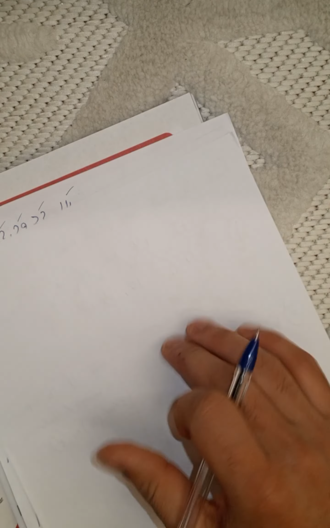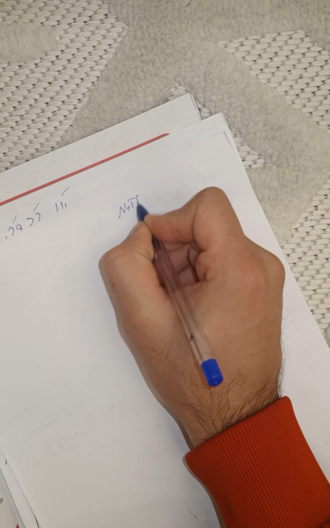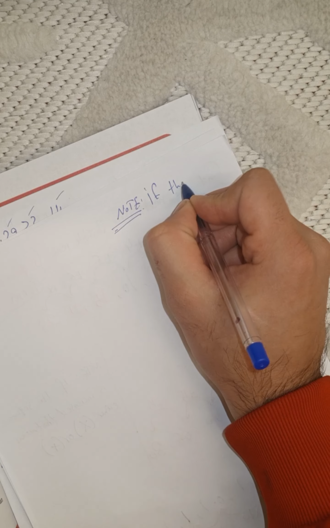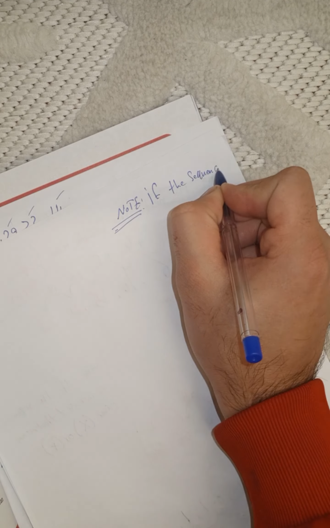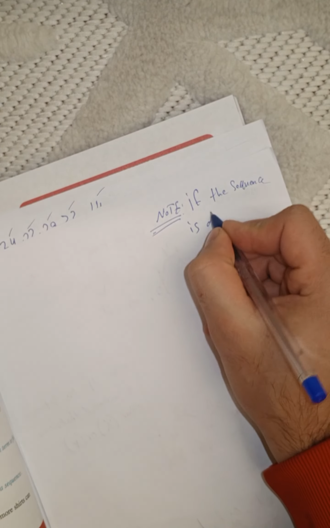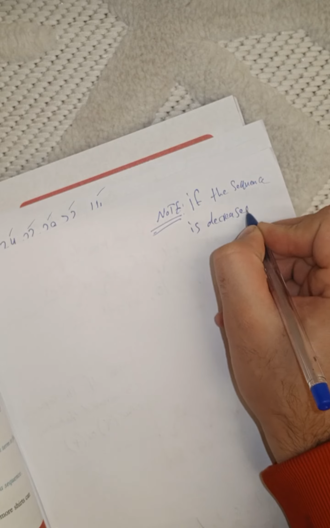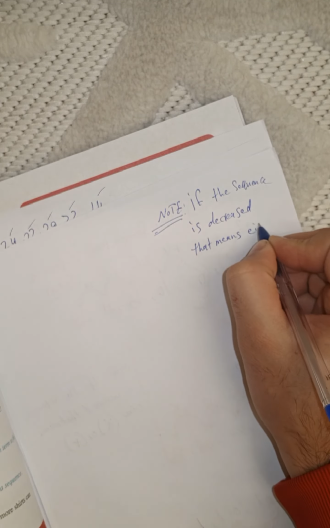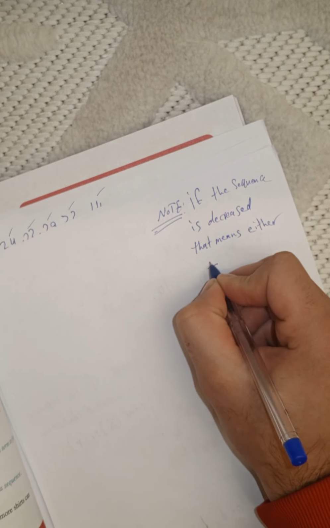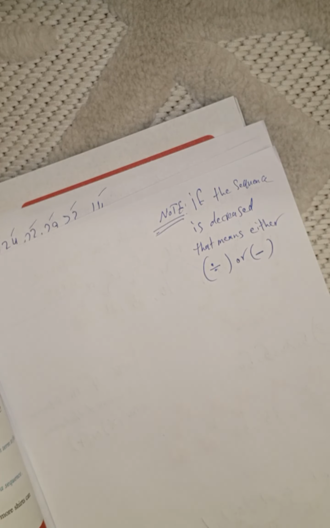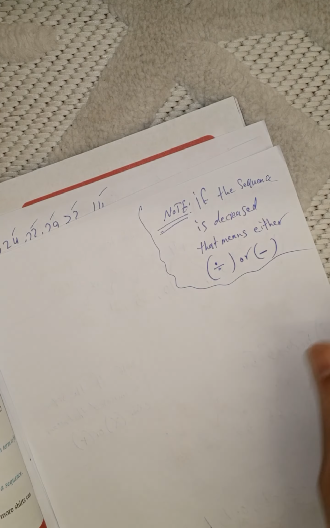If the sequence is decreasing, that means either divide or subtract.